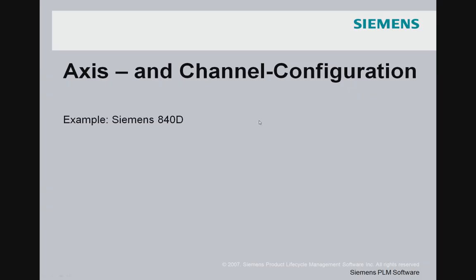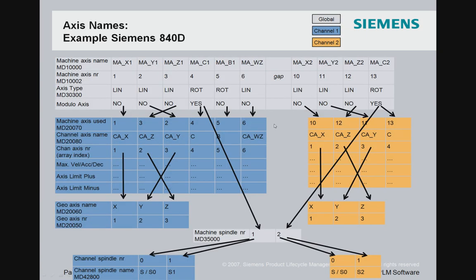Before we dive into the details, and that's going to be a little bit more complicated, I have to explain you a little bit about the concept of axis in the machine in the 840D. So first of all, this probably looks confusing if you look at it for the very first time, but in the end I think it's pretty logical. The basic idea is that every machine has a limited number of machine axes.